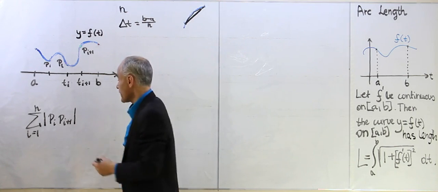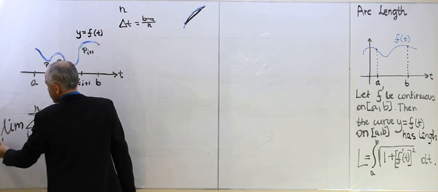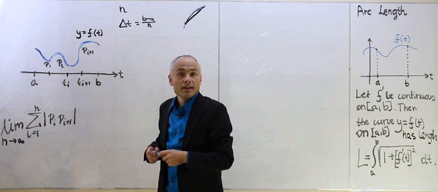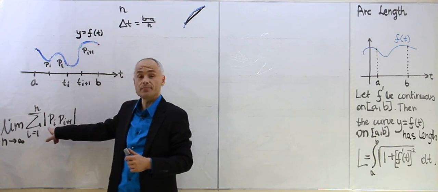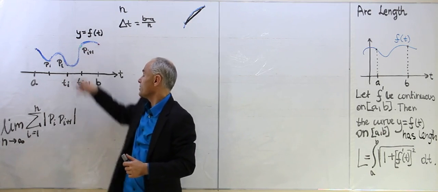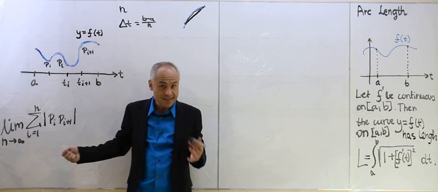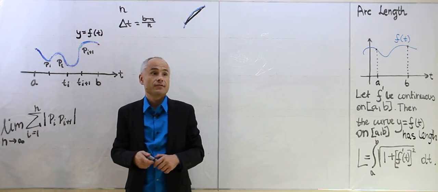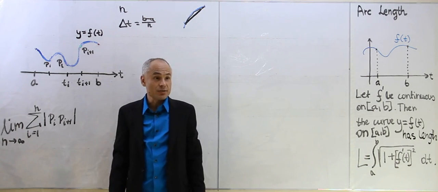In other words, what we're looking for is the limit as n goes to infinity of the summation, when i varies from 1 to n, of the distance between points Pi and Pi plus 1. And that limit, if it exists, will be the definition of the length of the curve y is equal to f of t.